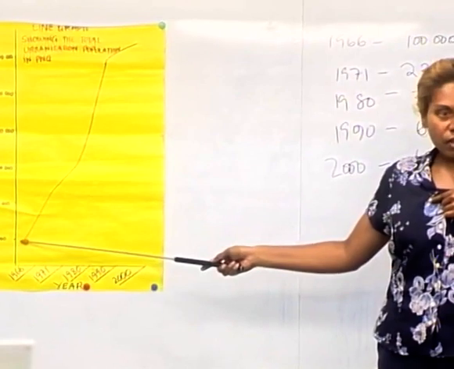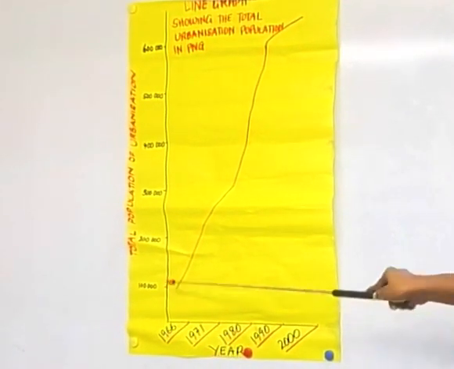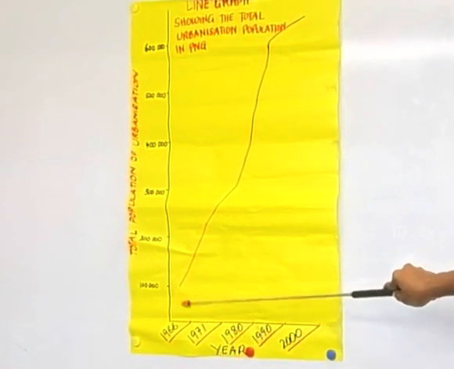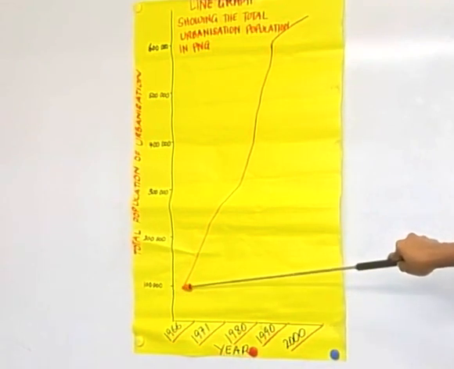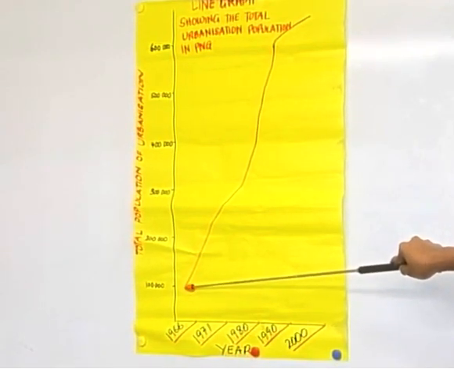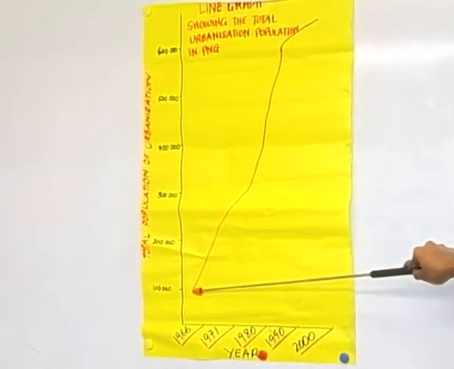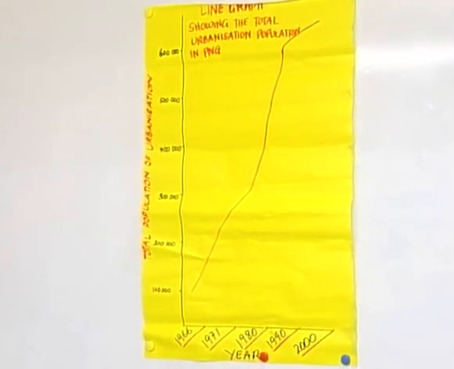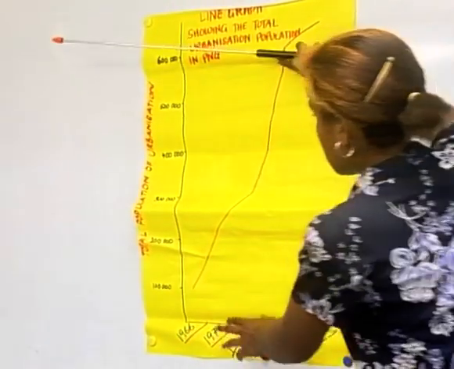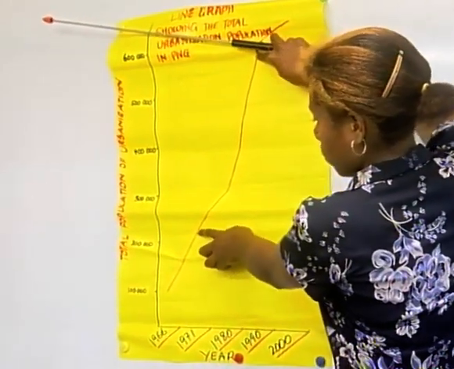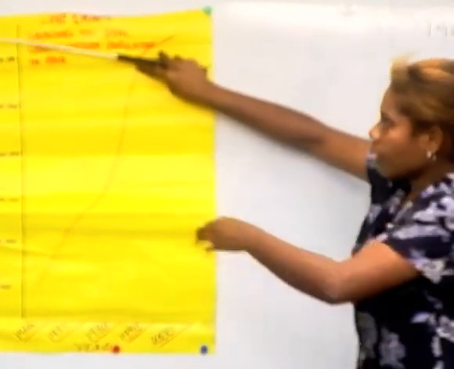If you did construct your line graph, you would have put a dot at 1966 beside 100,000. For 1971, 232,000, I have 232,000 here, and I put a dot somewhere here. Same with the others.